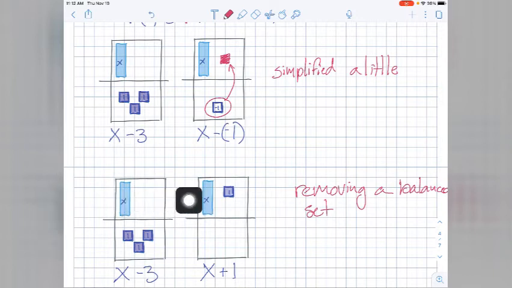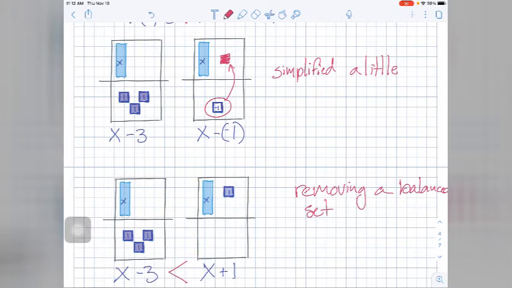So no matter what x is, the question is, is it bigger if you add 1 to it or if you take 3 away from it? And it doesn't matter what it is, it's always going to be bigger if you add 1 to it. So now I can tell that x plus 1 is larger.